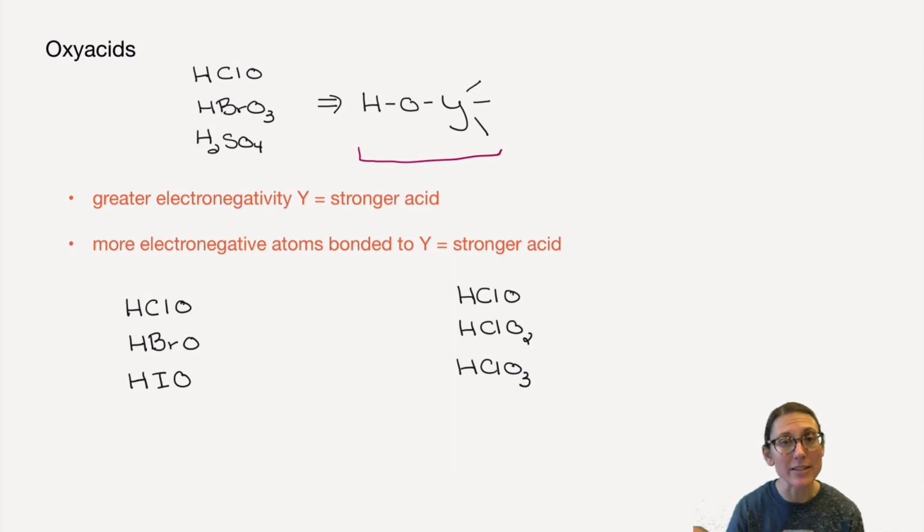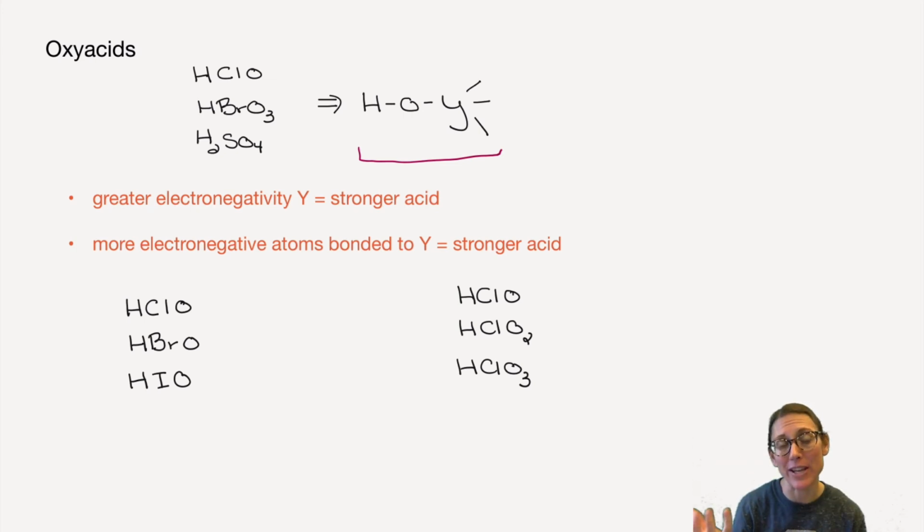Similarly, if you start tossing extra oxygens onto your bromine, your chlorine, and so you're making something like HClO versus HClO2 versus HClO3, the more additional electronegative atoms you put in your acid that's going to turn into the conjugate base, the more you're drawing that electron density away from the hydrogen. Makes the hydrogen more likely to leave: stronger acid.